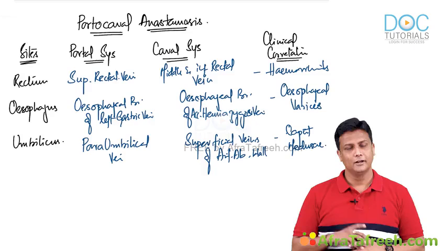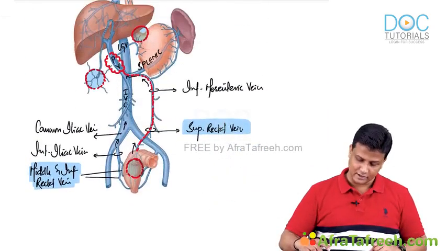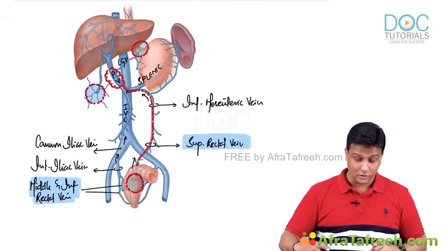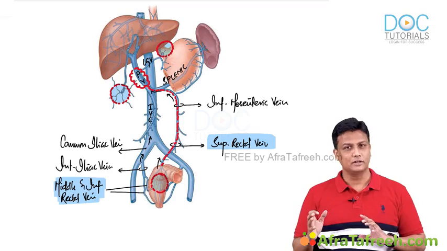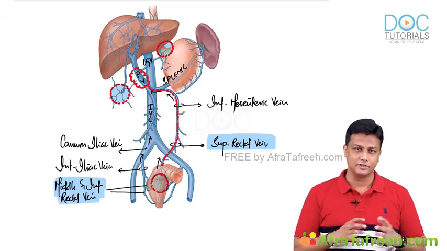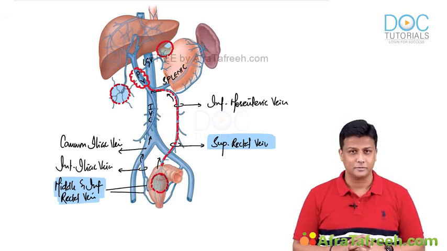Various sites are there, but importantly you have to remember three sites: the rectum, esophagus, and the umbilicus. Why? Because it is clinically more important there, and you have to always remember which vein belongs to the caval system and which belongs to the portal system, guys. I hope it is a crystal clear concept. That's all done.